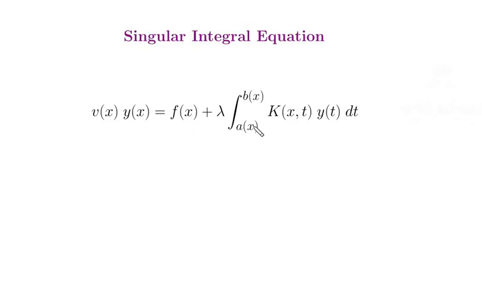Then the integral equation is called a singular integral equation. I repeat, either the lower limit or upper limit has to be infinite, or the kernel becomes infinite at some point in the domain.